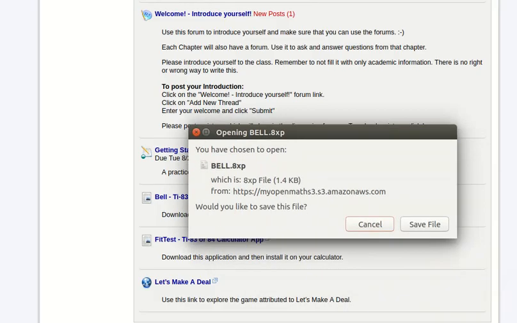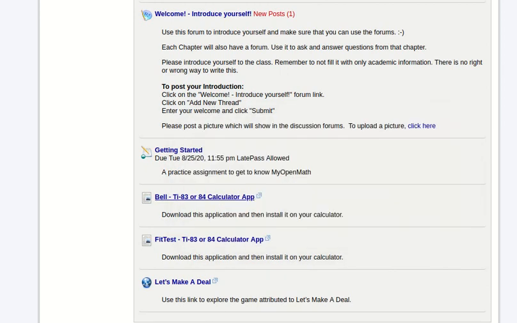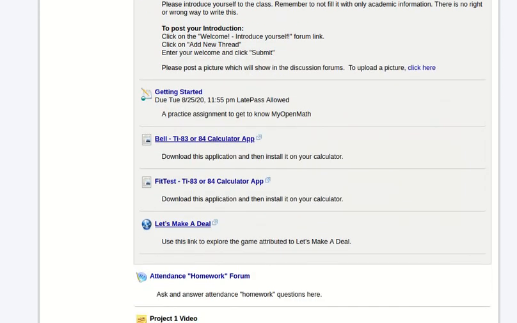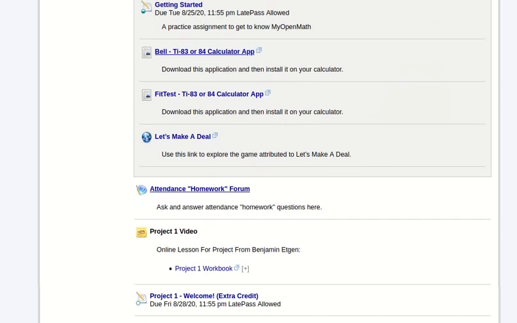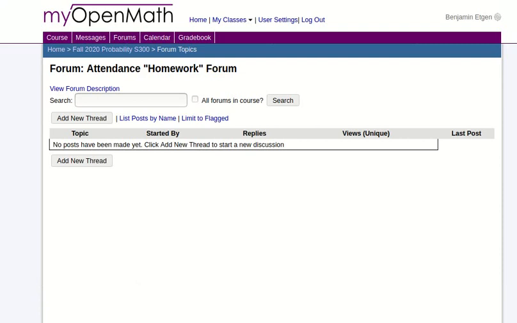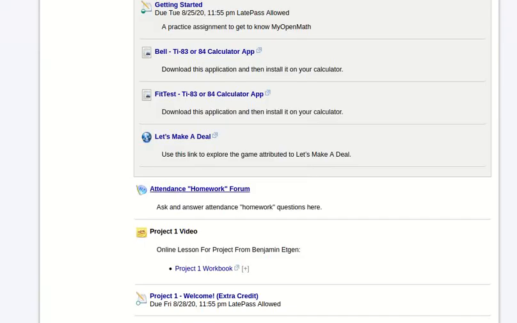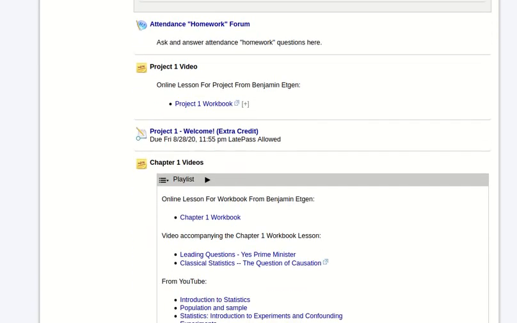It's in fact a 8xp file, which remarkably is the format for TI calculators. When I make the Let's Make a Deal project, I'll move this link into that. There's a forum where you can ask and answer questions. You can also ask or answer a question from within the question itself.